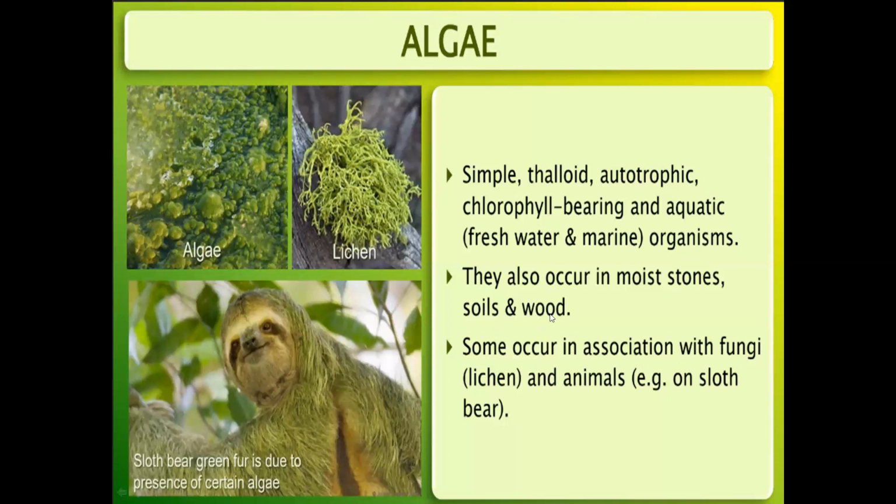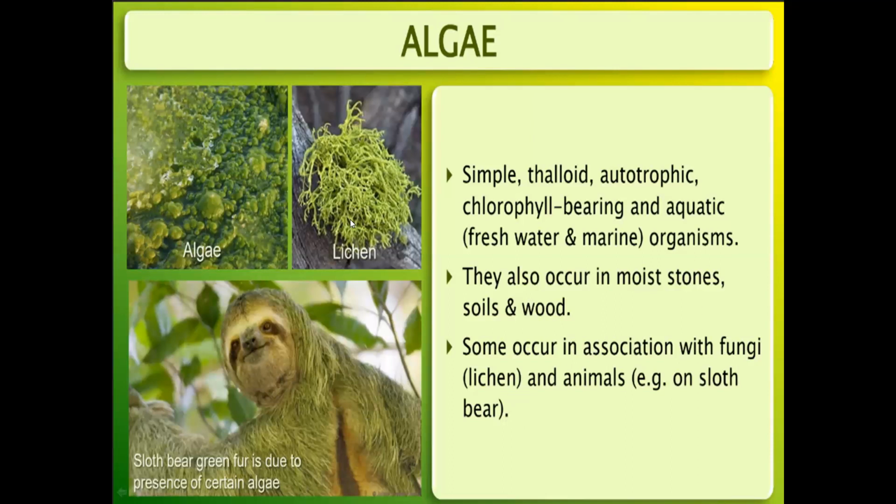Soil and wood. Some occur in association with fungi, for example, lichens. This is lichen. This is algae, you can see. It is just like a green mass. They don't have a proper leaf or proper stem or proper shoot or root.